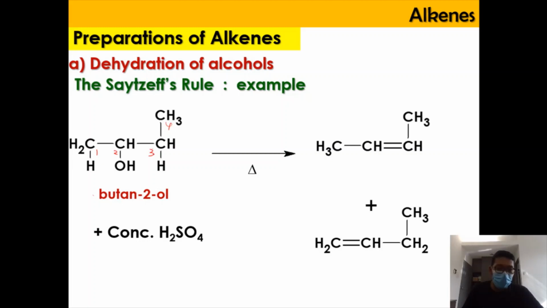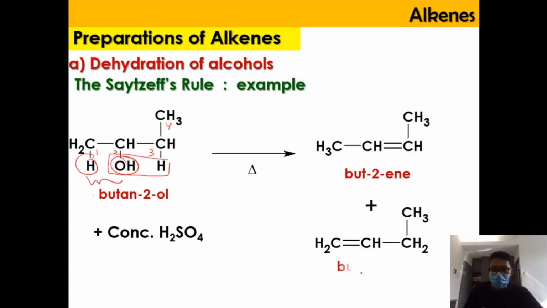So when butanol is treated with sulfuric acid, acting as an acidic catalyst at high temperature, it's going to produce 2 types of product. Let's say if we remove water here, we're going to get one product, which is but-2-ene, or we can also remove OH from this side and H here.